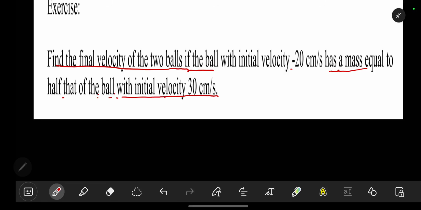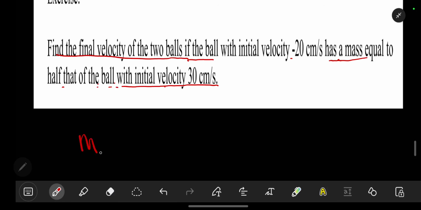So what are we going to have? We are told that mass number 1 has half the mass of the ball that is traveling at 30 centimeters per second. So mass number 1 is equal to half the mass of number 2. That is the meaning, if you analyze it well.